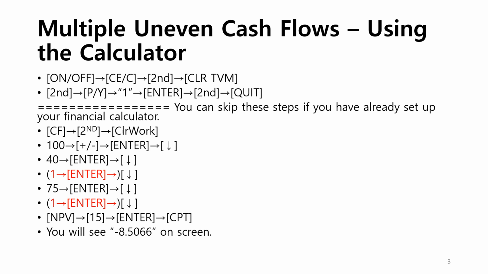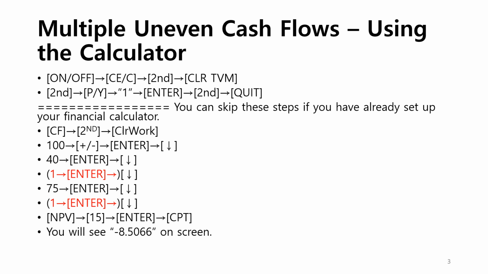Same here. Then the screen will change. CF1 is equal to 40. Then press the down arrow key, and what you will find is F01 is equal to blank. F means frequency, right? But this $40 appears just once, so type in 1, press enter, and press the down arrow key.